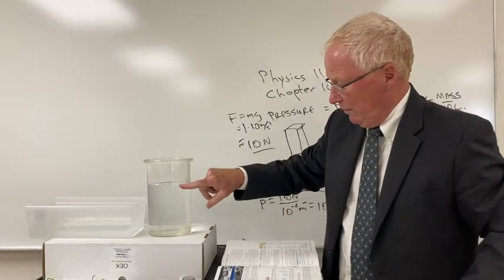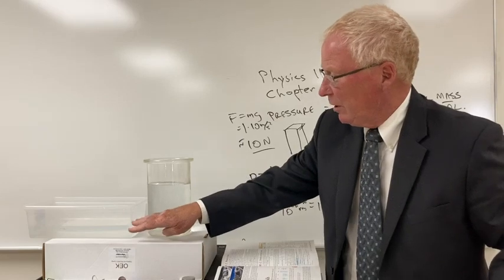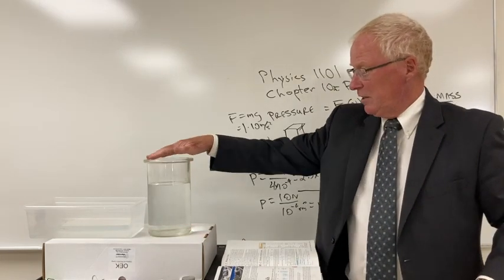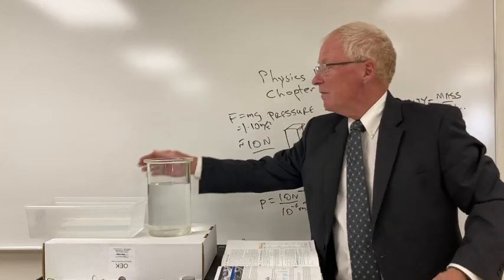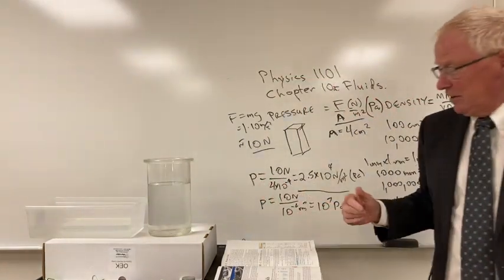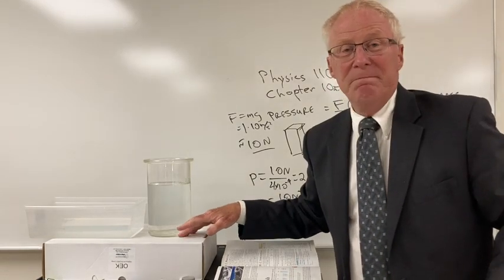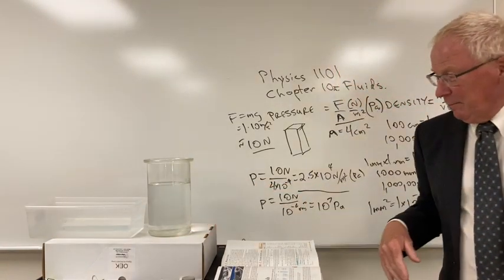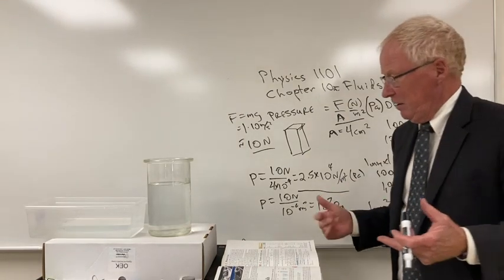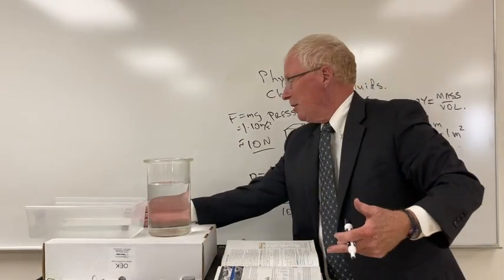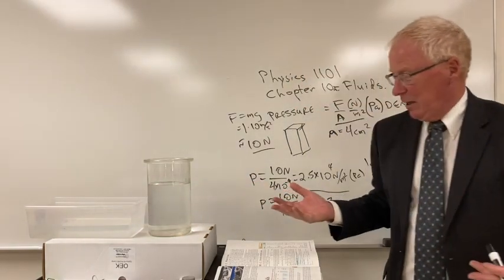One has a water level here, the other has a water level here. Now you can see this one has a smaller area than this. So you might ask, which one has the greater pressure at the bottom? And you might think that, well, this has more mass, this is a lot bigger, so the pressure is going to be bigger at the bottom.